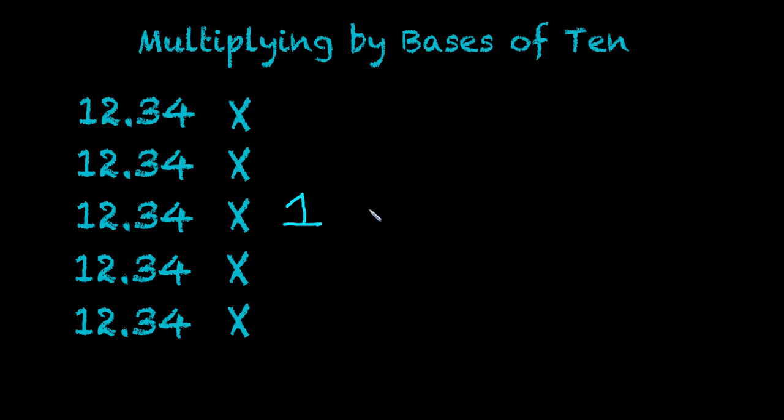Anytime we multiply a number by 1, we get the same number. It's identical. So this is a good place to start, and this number will be the same. Everything's the same. All the digits are in the same places. The decimal point is in the same place. Everything is the same, and it's very simple. Start there because it's a good reference as we move forward.